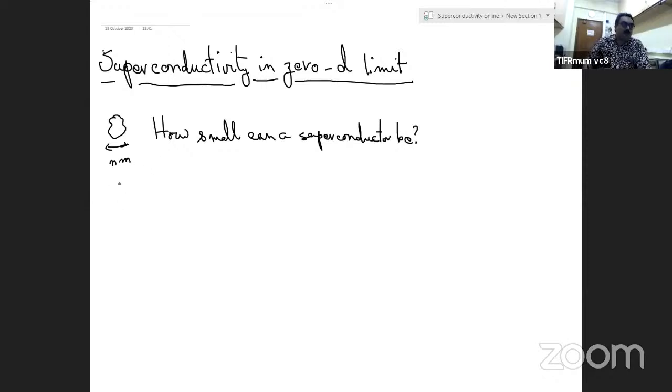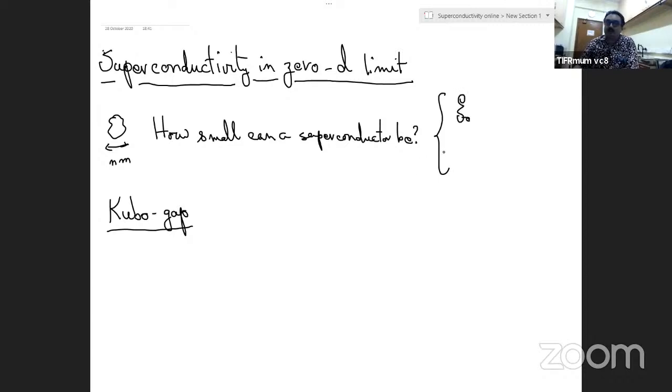For that, you have to start with the concept of the Kubo gap. Now, what is interesting is that superconductivity has two fundamental length scales: one is the coherence length and the other is the penetration depth.